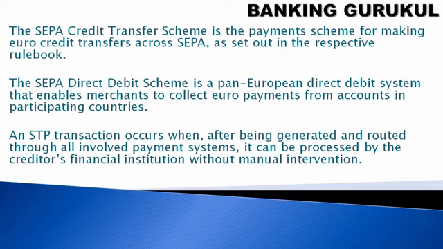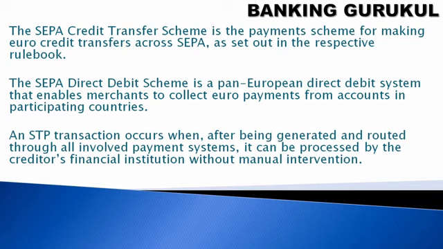The SEPA credit transfer scheme is the payment scheme for making euro credit transfers across SEPA as set out in the respective rulebook. The SEPA direct debit scheme is a pan-European direct debit system that enables merchants to collect euro payments from accounts in participating countries.